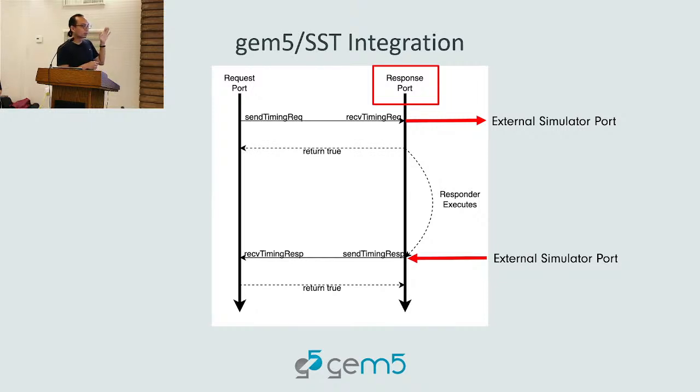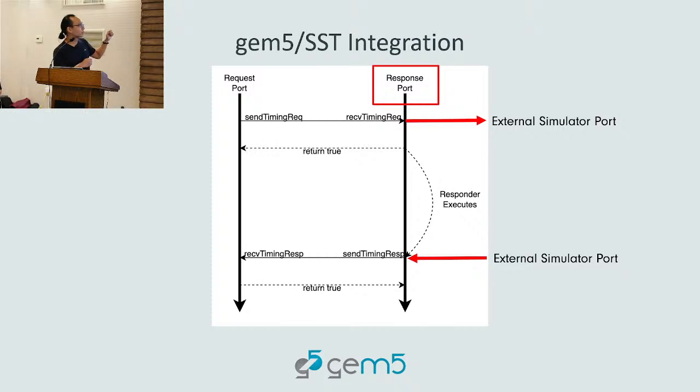I believe that Mihir did a good job of introducing how a sim object interacts with the memory hierarchy. This is the figure that I copied from that slide. Here we have a request port in gem5 and a response port that is supposed to be in the external simulator.